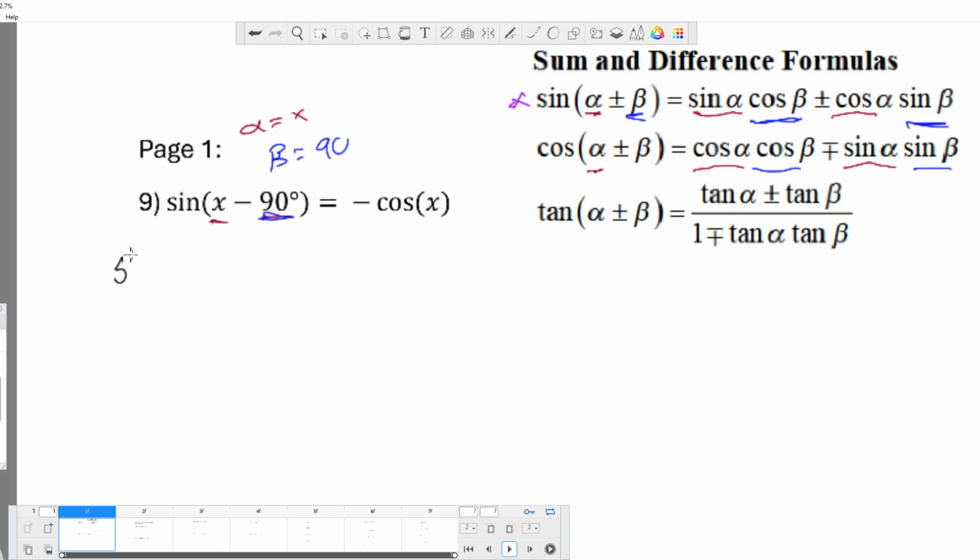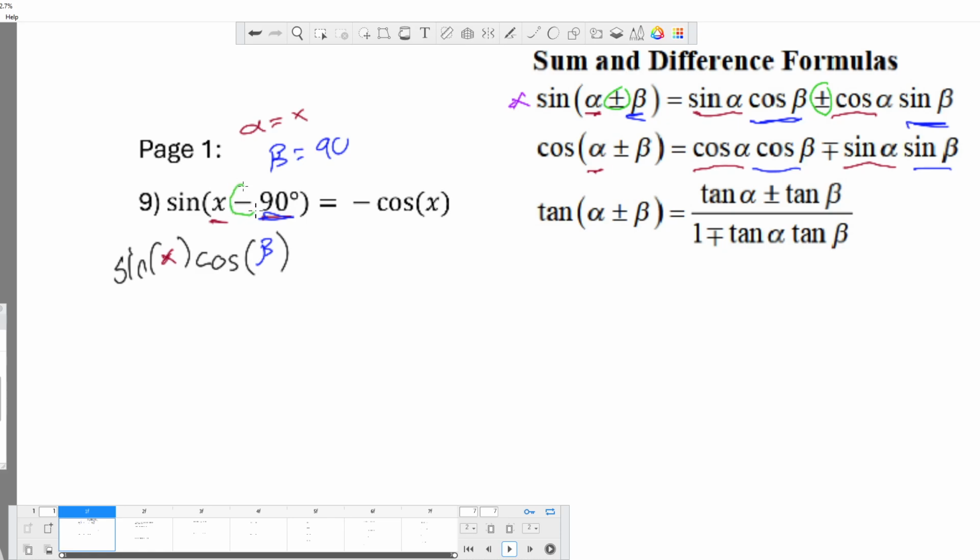So it's going to start with sine of the alpha angle, when the alpha is x. So we're going to say sine of x, followed by cosine of the beta angle. Now we have to check to see what the sign is, because whatever the sign is here, we have to match it as we're connecting in there.